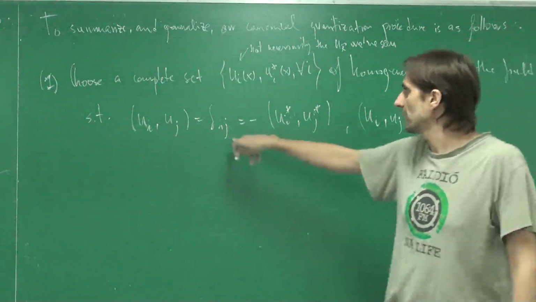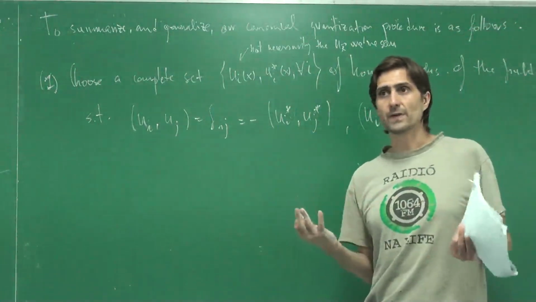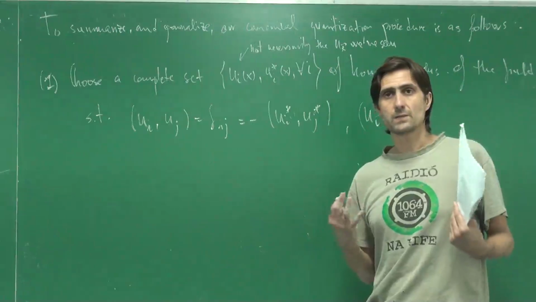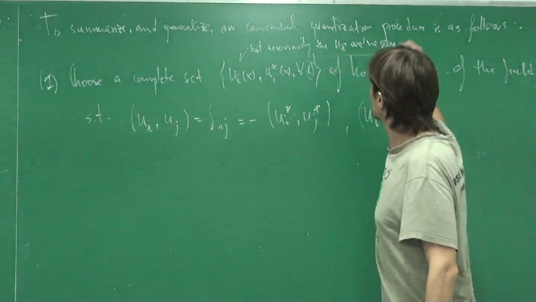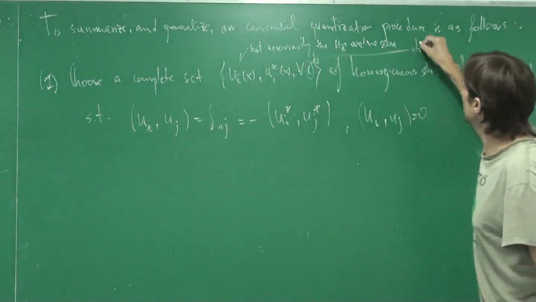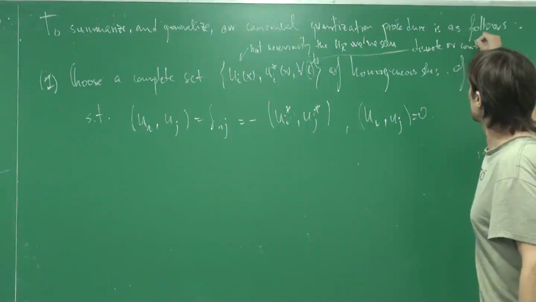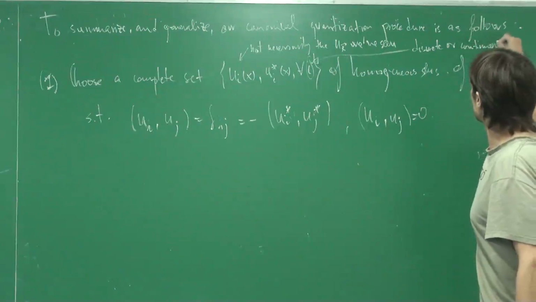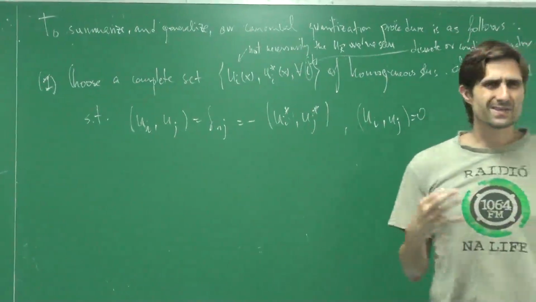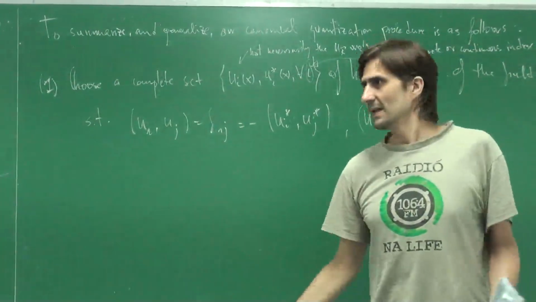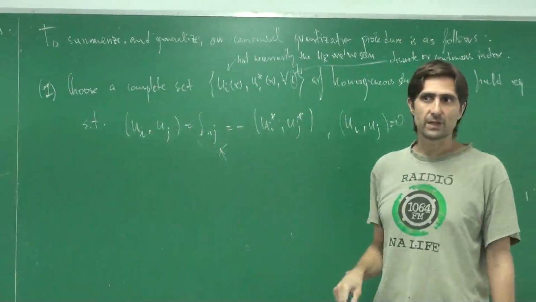Okay, so this is a general notation to encapsulate both cases. The case where the index is discrete or continuous. In the case that it's continuous, this will be the Dirac delta distribution.